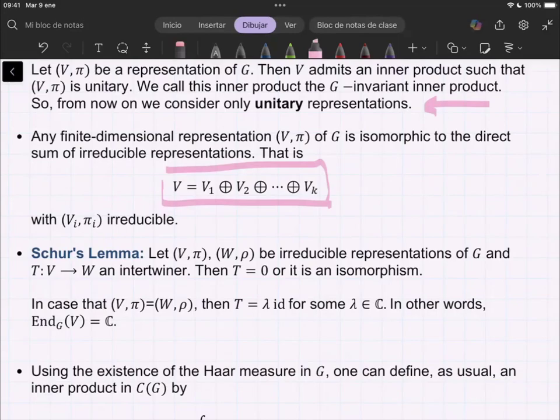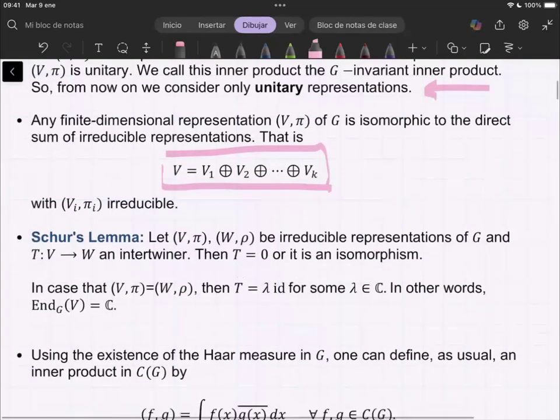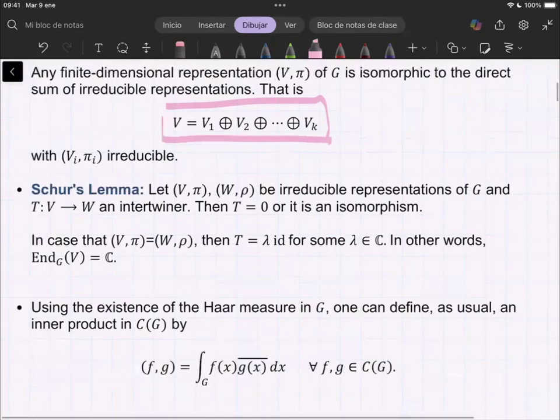So to understand the representations of a compact group, we need only to understand the irreducible ones. Now we are going to detect when a representation is irreducible or not. In this sense, we started by looking at irreducible representations.